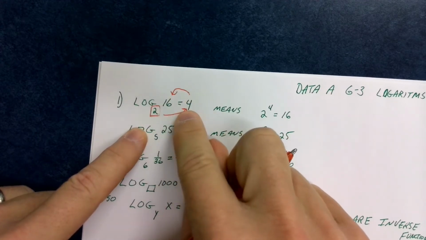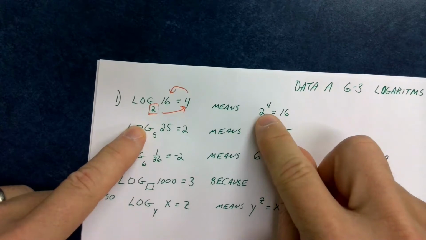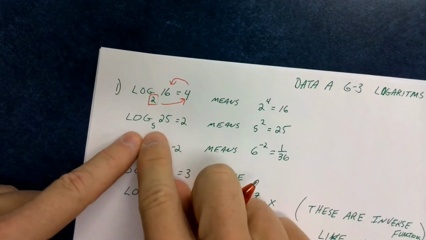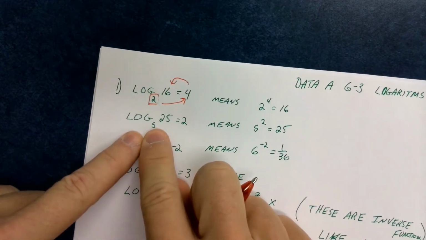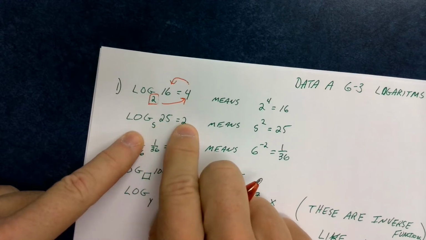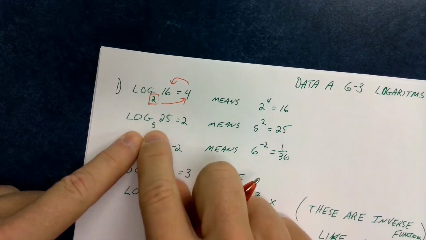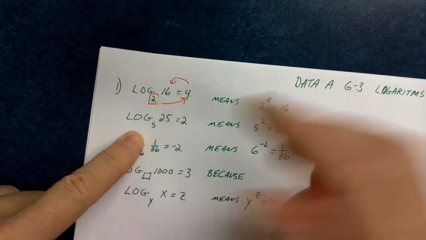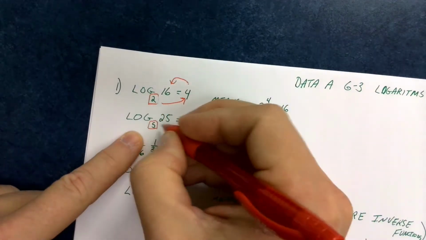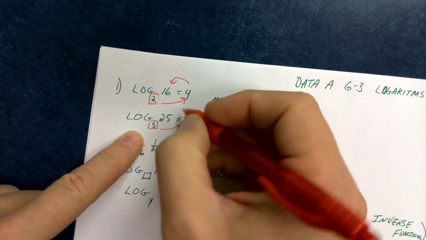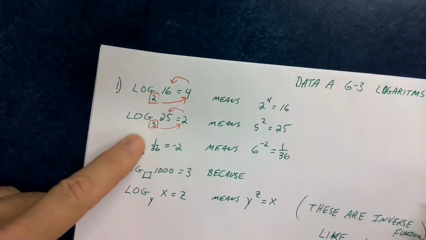And you guys know that 2 to the 4th equals 16. So there's our conversion. Then this would say log base 5 of 25 equals 2. And what does it mean exponentially? Well, it means this base to this power, 5 to the 2nd power, equals 25.